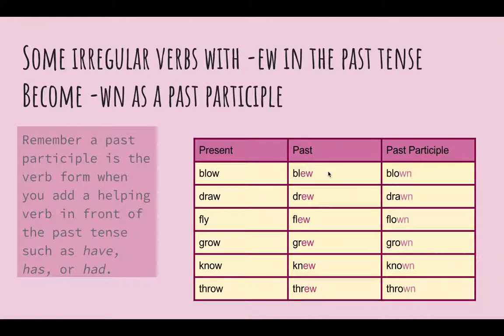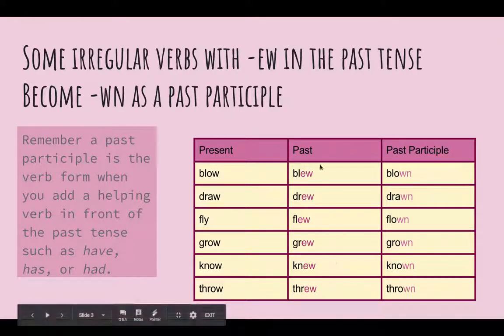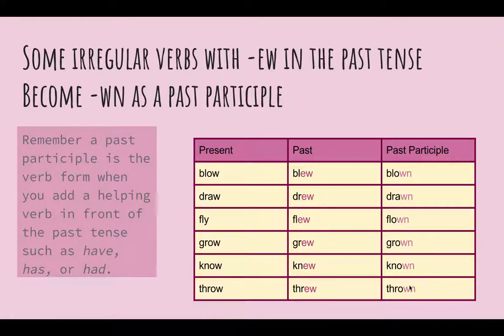Oh, in the summertime, it blew. Oh, the wind had blown the balloon away. Again, those past participles get that have, has, or had in front of them, so you can see that different form of the verb. But the biggest thing about this is that our EWs become WNs.